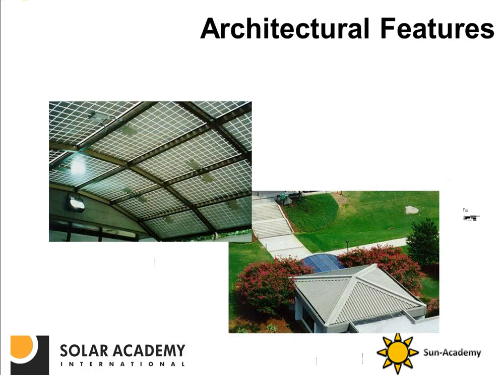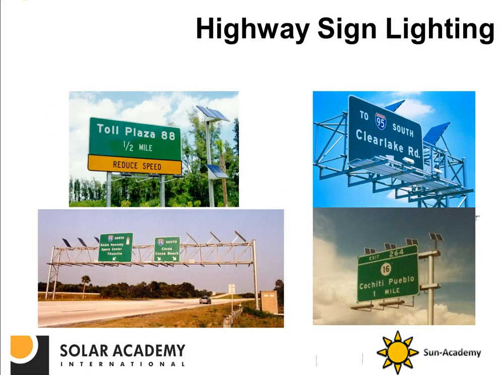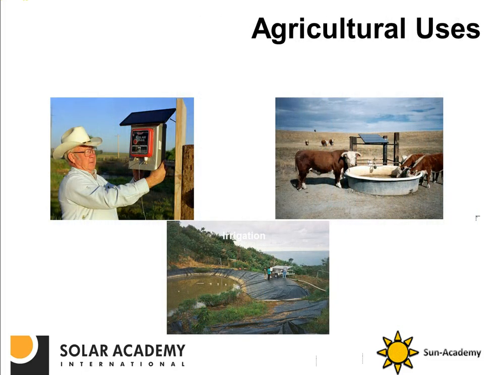Building integrated PV designs, or BIPV designs, are becoming more and more popular, where the solar electrical generating modules are an integral part of the building. PV systems provide a viable source for many highway guide signs that are located in remote areas. Many types of PV applications are used for agricultural purposes in remote areas.